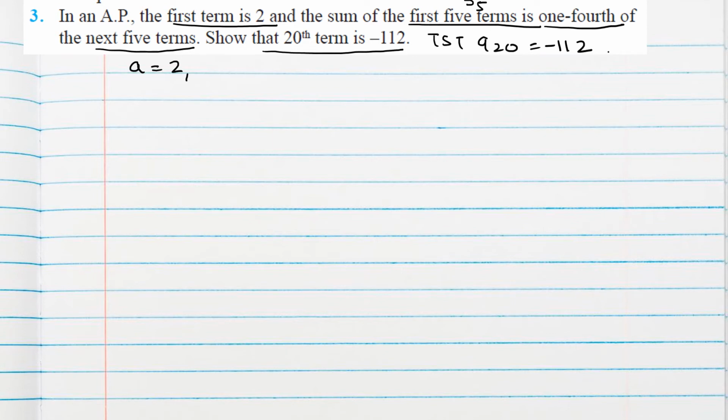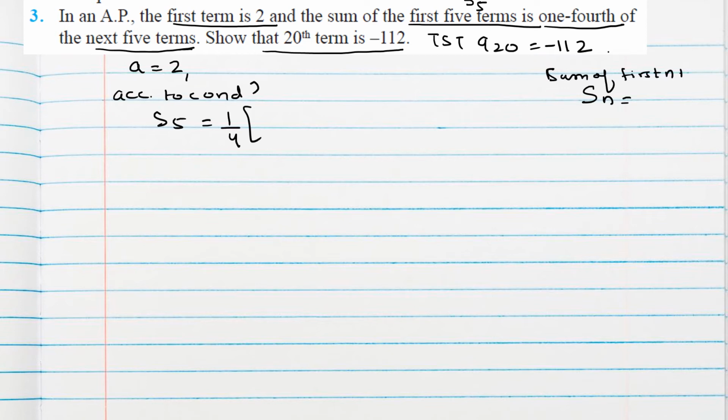First 5 terms, that is S5. According to the condition, S5 is 1/4 of the sum of the next 5 terms. See, Sn is the formula for the sum of first n terms. So here suppose S5, 1, 2, 3, 4, 5, 6, 7, 8, 9, 10.